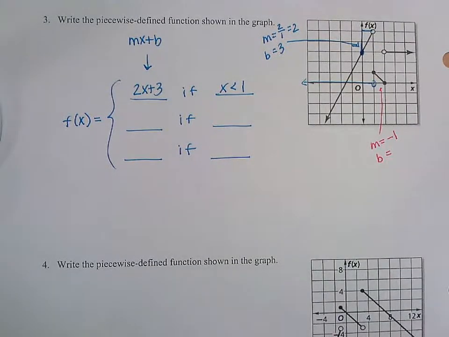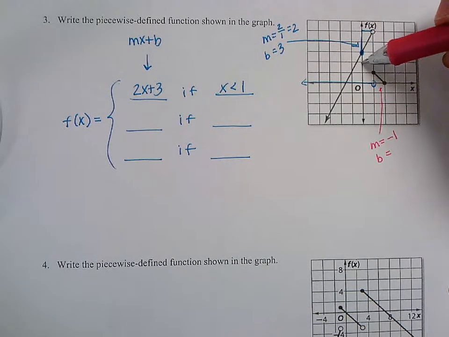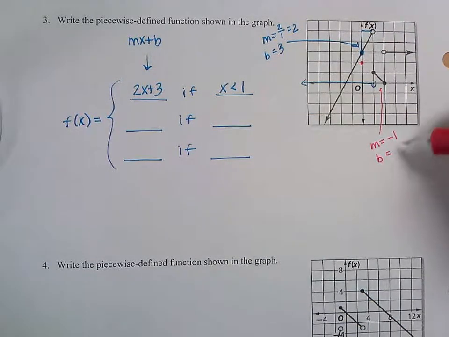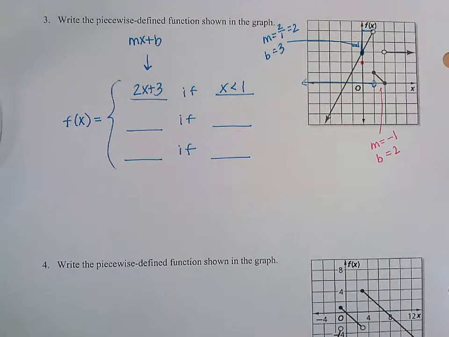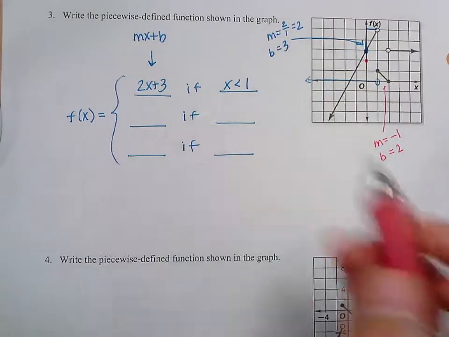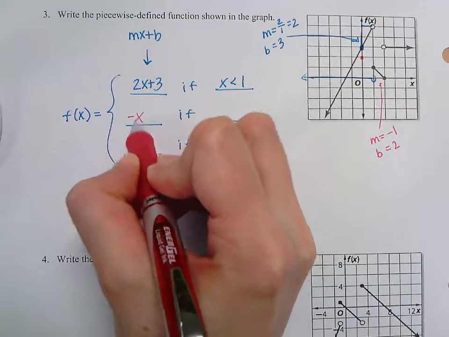So even though this segment, the way it's drawn, doesn't cross the y-axis, you just have to continue it to the y-axis to see where it would cross. So if I go up 1 over to the left 1, up 1 over 1, it would cross at the y value 2. So the y-intercept would be 2. So this would be -1x plus 2 or just -x plus 2.